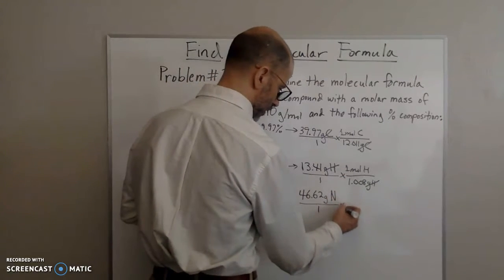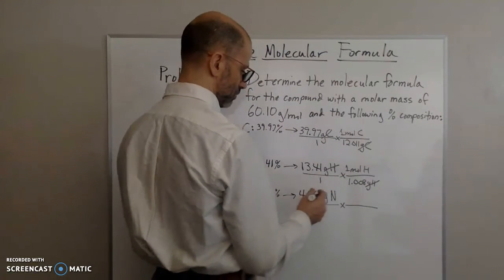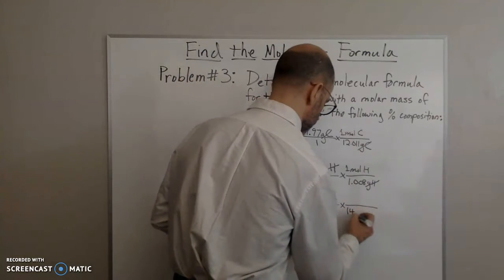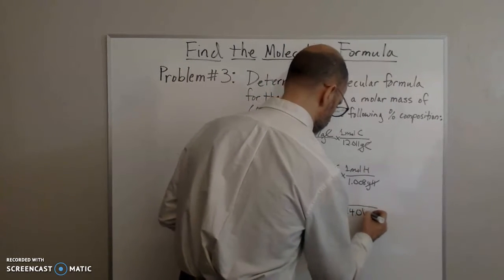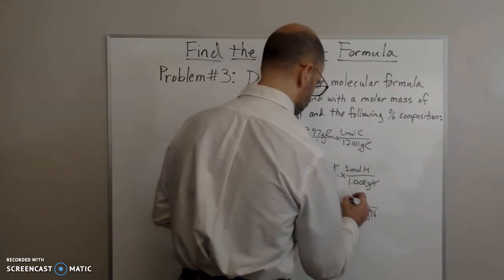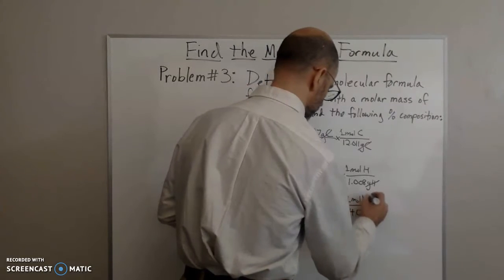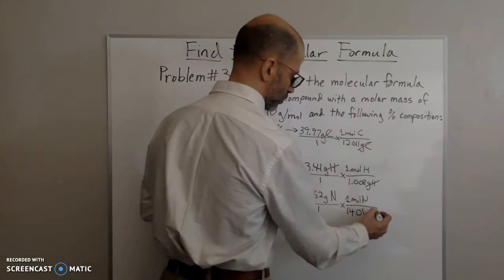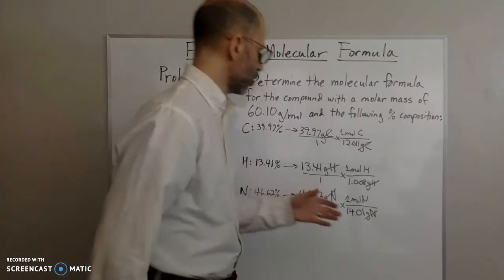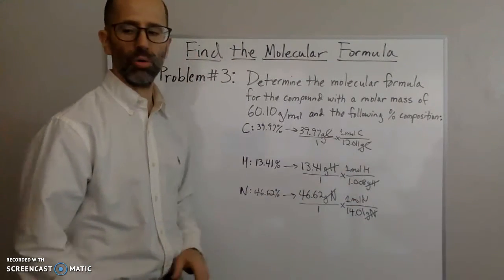And then finally, I have grams of nitrogen. The molar mass of nitrogen is 14.01 grams of nitrogen per 1 mole, so 1 mole of nitrogen is on top, grams on the bottom, so I can cancel out the grams of nitrogen. Now I have everything set up to get moles.